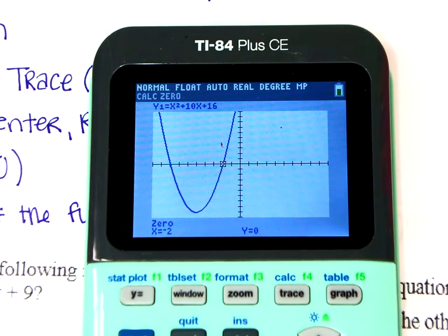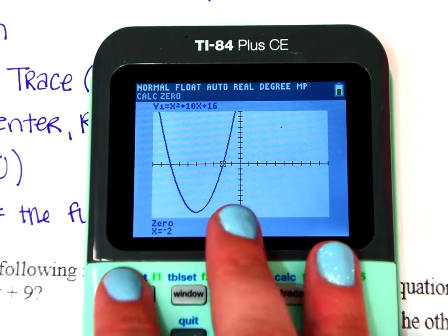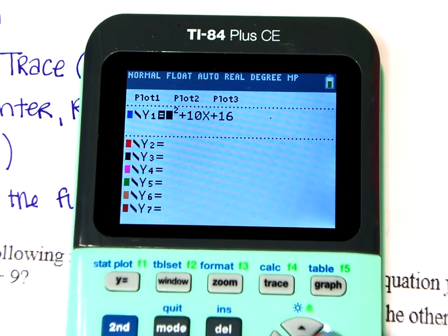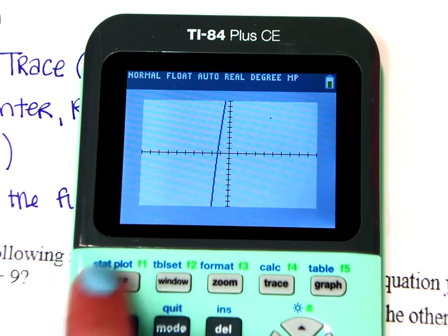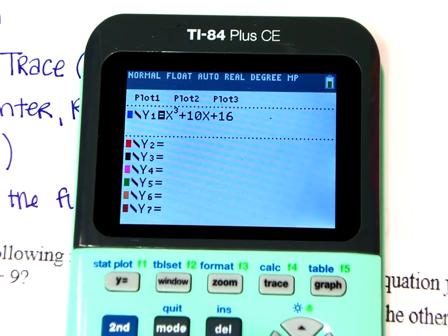If the function was cubic, I'm just going to do a little side example. If I were to change the power of 2 to 3 and graph it, okay, maybe that was a poor example. So let me clear everything out and graph x to the 3rd plus 2x squared plus x.